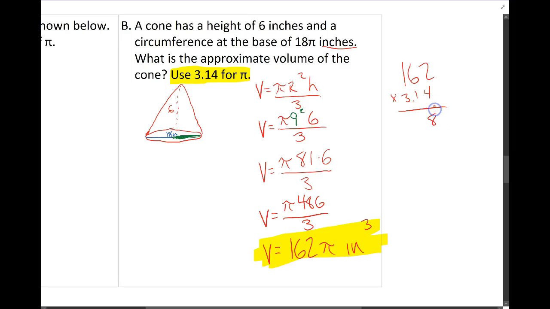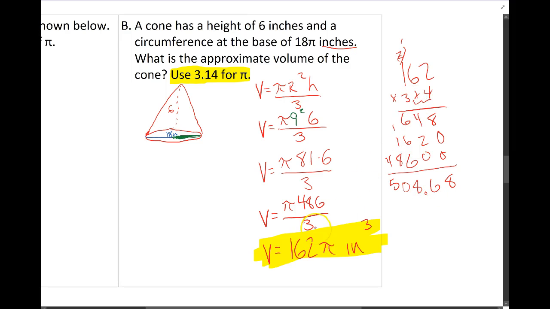I'll just do it by hand because it seems faster to do it that way. 4, it's a 2, 4, 6, add a 0 as a placeholder. 2, 6, 1, 2 zeros as placeholders, those are gone. 3 times 2 is 6, 3 times 6 is 18, 3 times 4, I get 8, 6, that is 18, 0, 5, and the decimal needs to move twice.